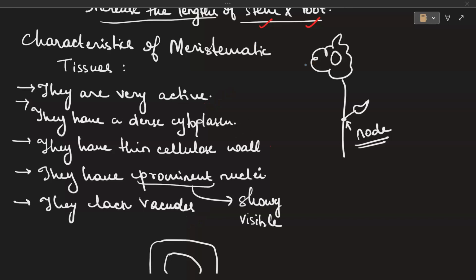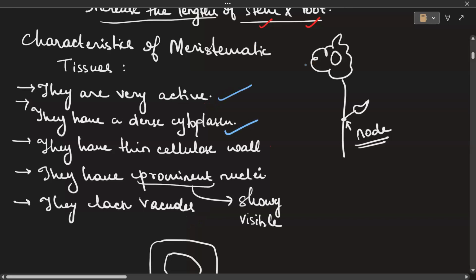They have a very dense cytoplasm. Arya and Zed, do you know what a cytoplasm is? A cytoplasm is a cell region. It has all the other cellular components like the nucleus, Golgi apparatus, organelles, etc. Those are known as organelles, right?